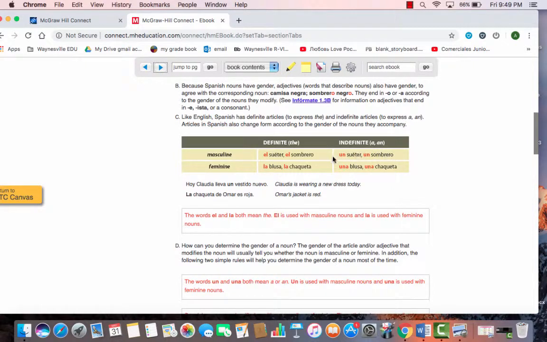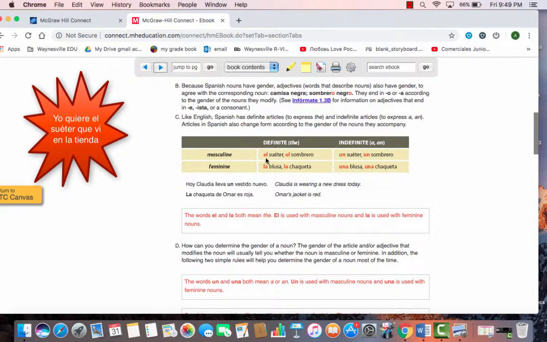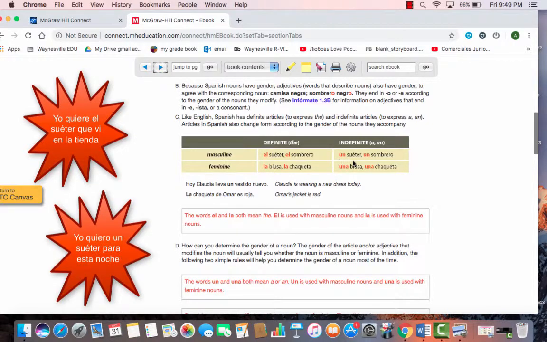So for example, if I wanted to say in Spanish, I want the sweater that I saw at the store, I will say, yo quiero el suéter que vi en la tienda. But if I want to say, I want a sweater for tonight, I will say, yo quiero un suéter para esta noche. So that's the difference between these definite and indefinite articles.